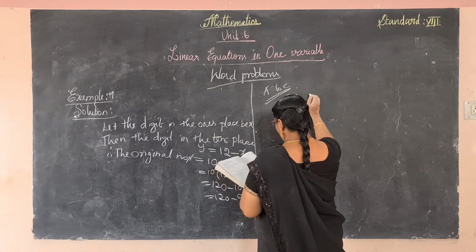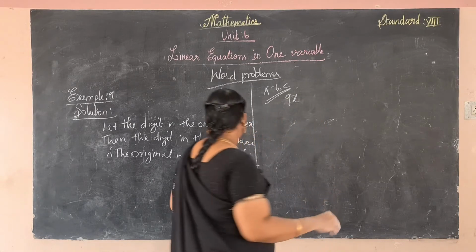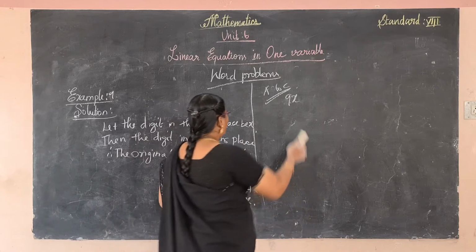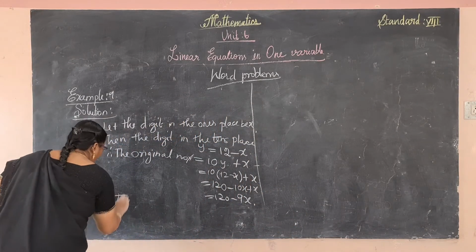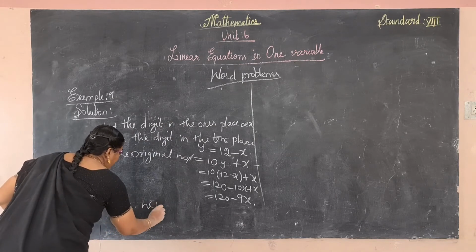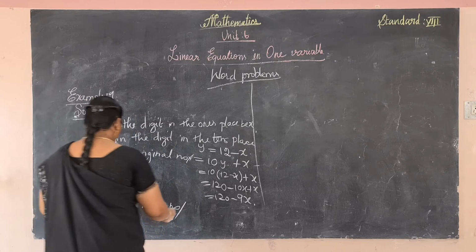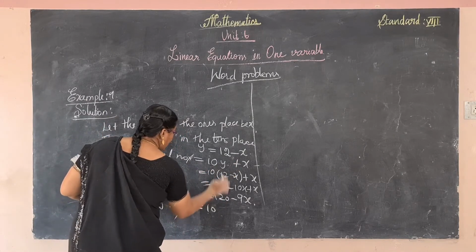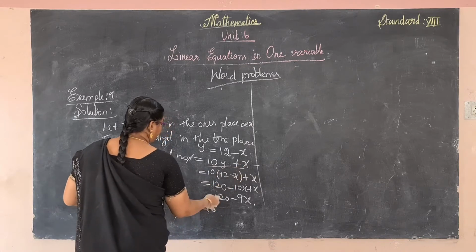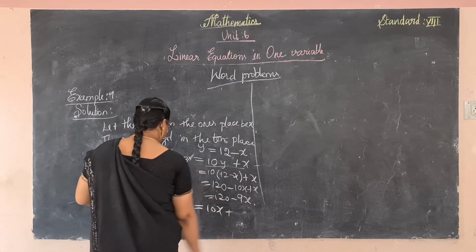We have to find the new number. The new number is formed by changing 10x plus y, where the original was 10y plus x.